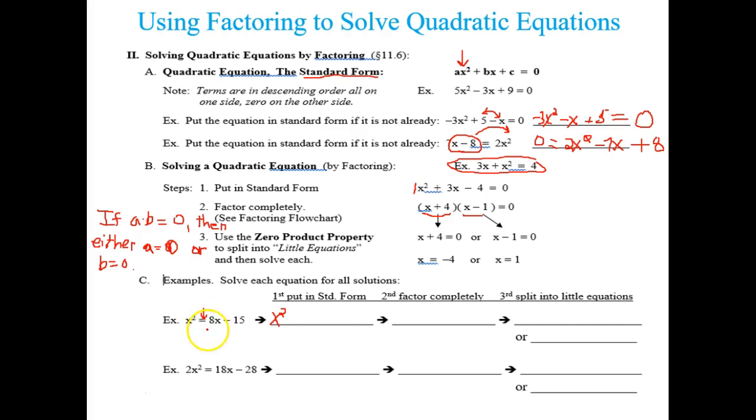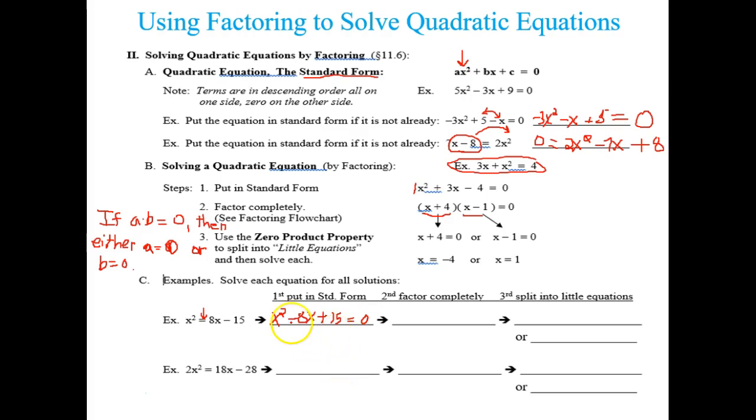So you've got to move that 8x over. When I do, it'll become negative 8x, right? And then if I move the negative 15 over, that will become positive 15.